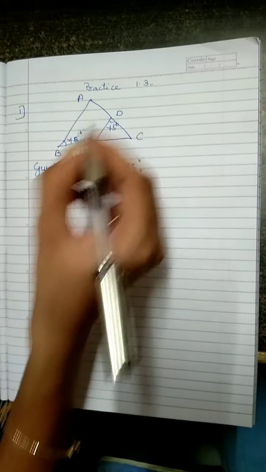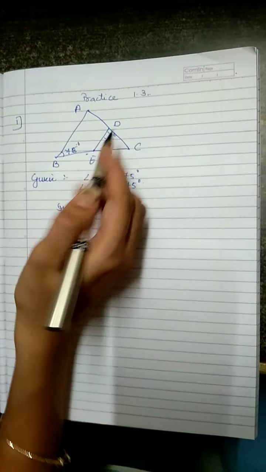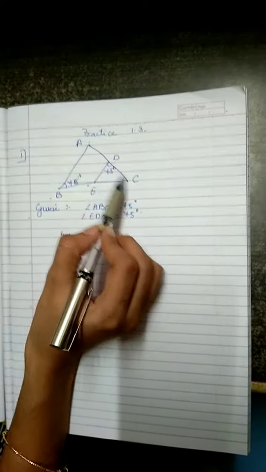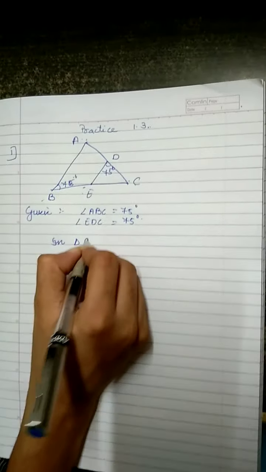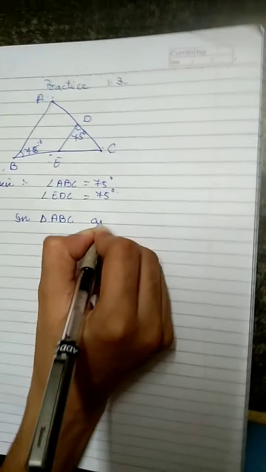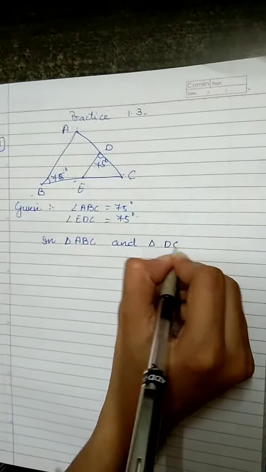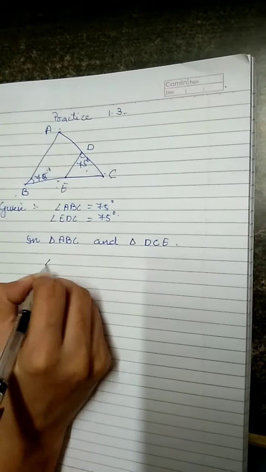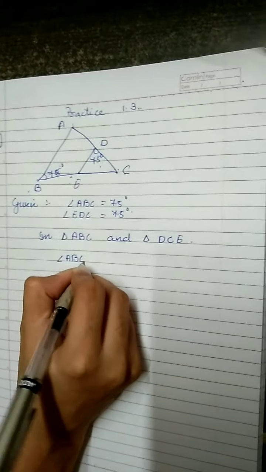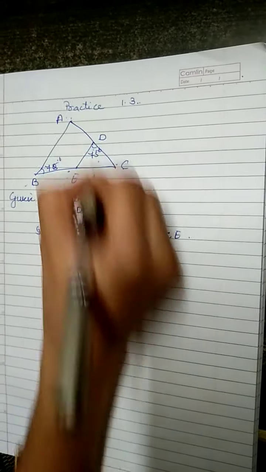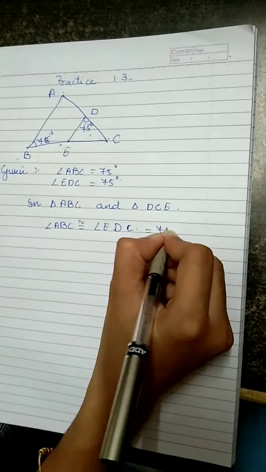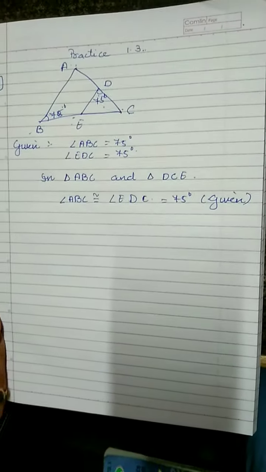Now let us consider two triangles. One triangle is triangle ABC and another triangle is triangle DCE. In triangle ABC and triangle DCE, big triangle and another one is small triangle, angle B is congruent to angle D, which is equal to 75. This part is given.